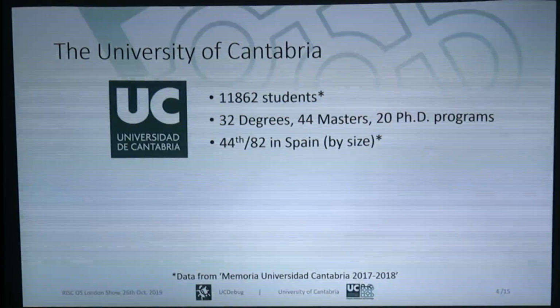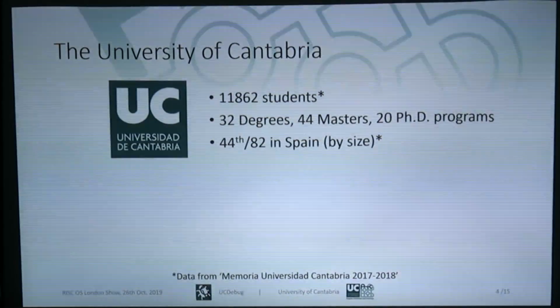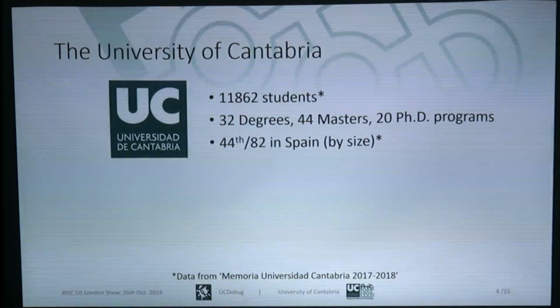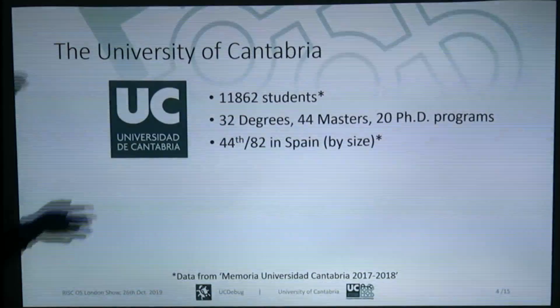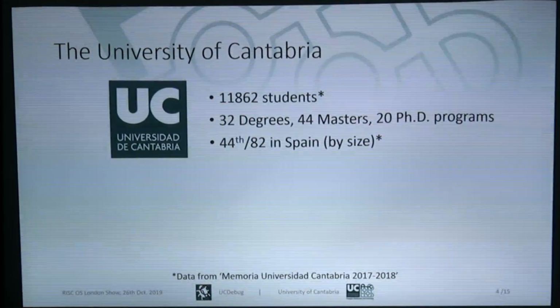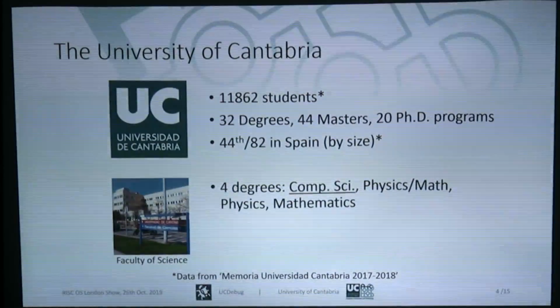The official figures from 2 years ago show that we had a bit less than 12,000 students, and we were, in terms of size, roughly below the national average. However, we have a rich and varied offer of studies with 32 degrees, 44 masters, 20 PhD programs. And one of the centers in the University of Cantabria is the Faculty of Science, which is where I come from.